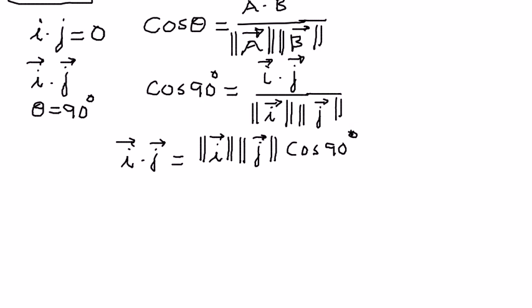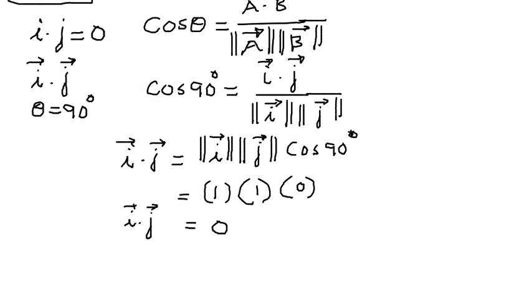And as we know, the magnitude of vector I is 1 unit, the magnitude of vector J is 1 unit from the figure which we have just seen, and the value of cosine 90 degrees using our scientific calculators is equal to 0. So therefore, 1 times 1 is 1, 1 times 0 is equal to 0. So therefore vector I dot vector J is equal to 0.